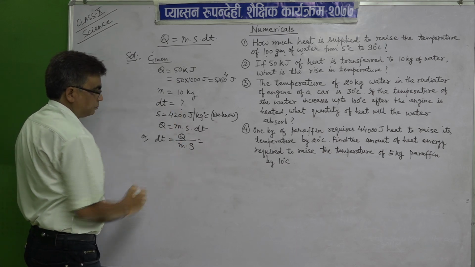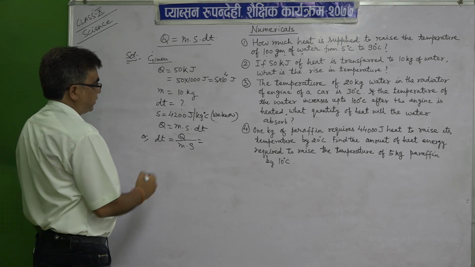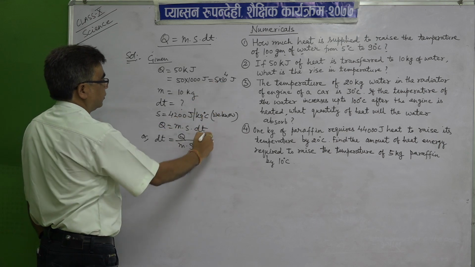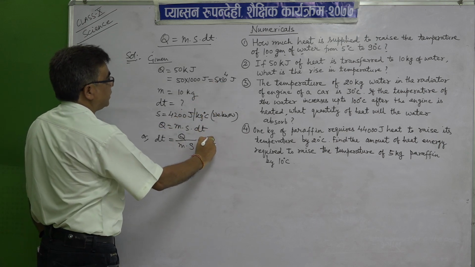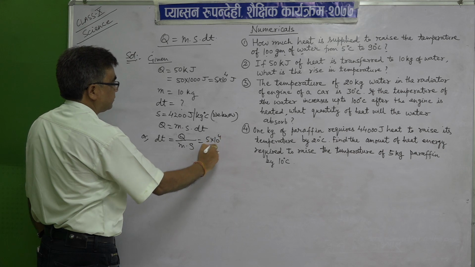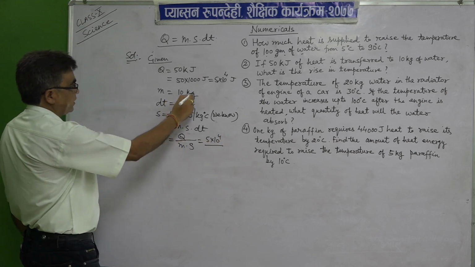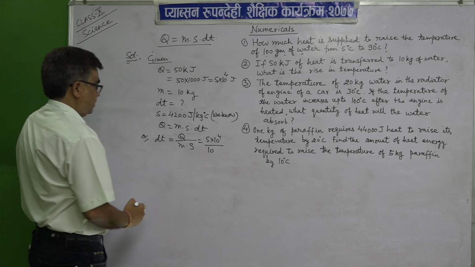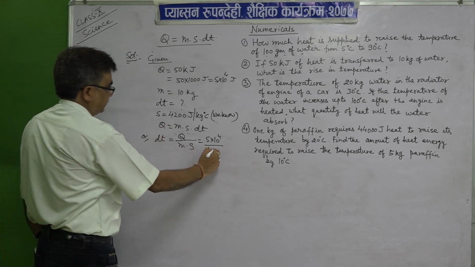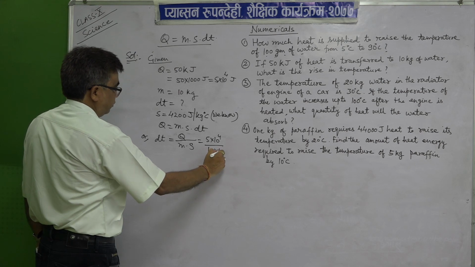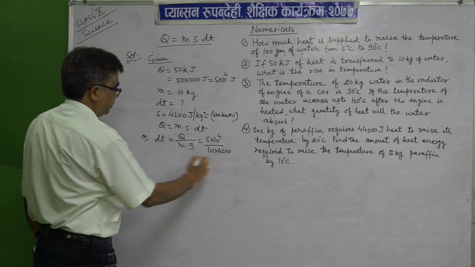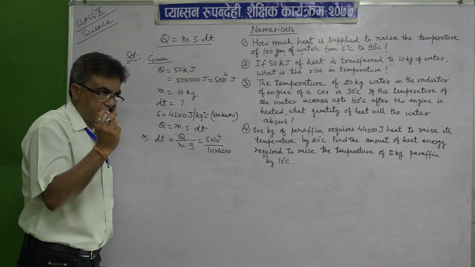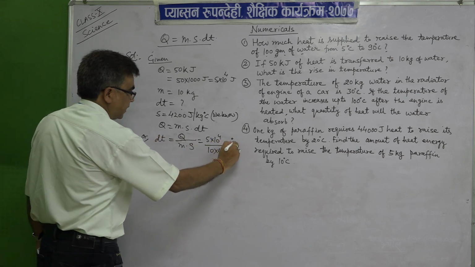So, if you put the values, Q is 5 into 10 to the power 4, M is 10, and S we know is 4200. dt is temperature difference, so its SI unit is degree centigrade.